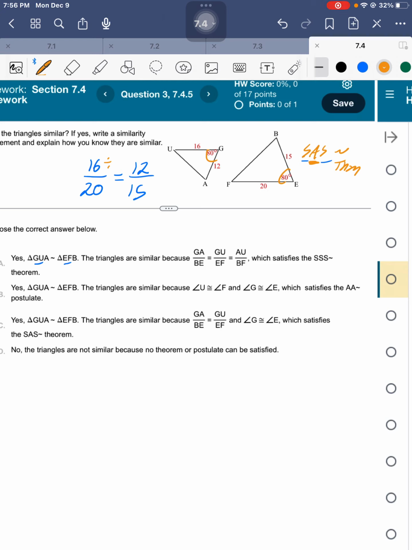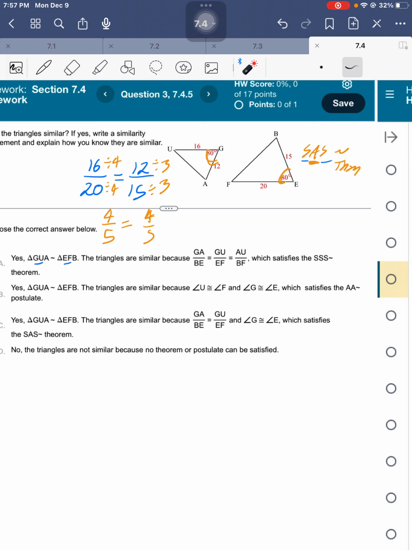Now, let's simplify this. What is the greatest common factor of this? Looks like it's 4, so I'm gonna have 4 over 5. And the greatest common factor here looks like it's gonna be 3. So I'm gonna have 4 over 5.